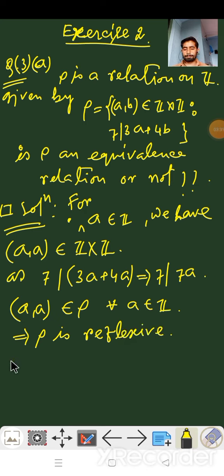Now our target is to check whether rho is symmetric or not, that is, if (a, b) belongs to rho, is (b, a) also in rho or not.